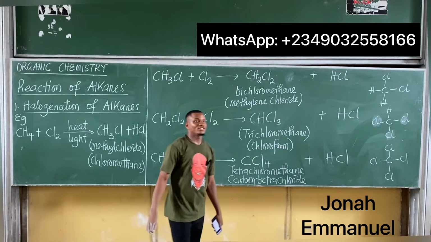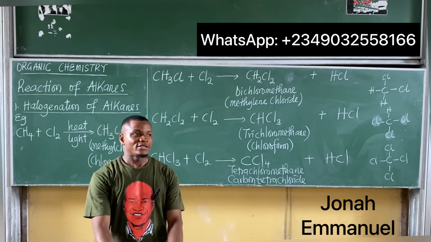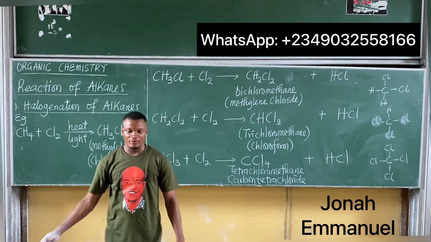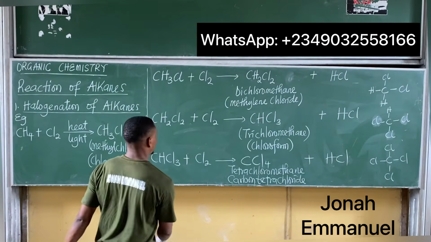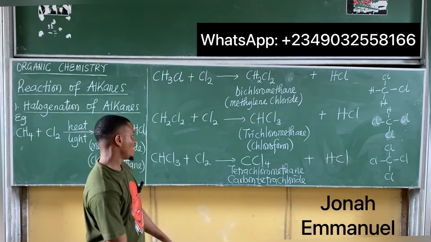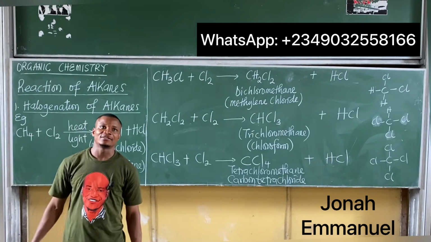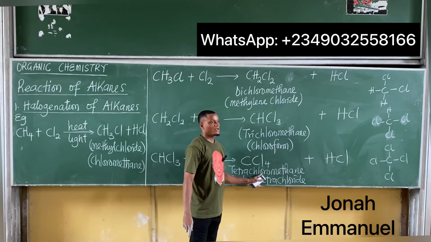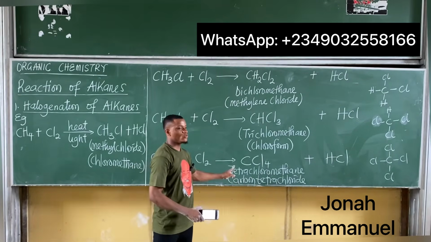So this is called the halogenation of alkane. That is done from methane to methyl halide, dihalide, trihalide, and tetrahaloalkane.